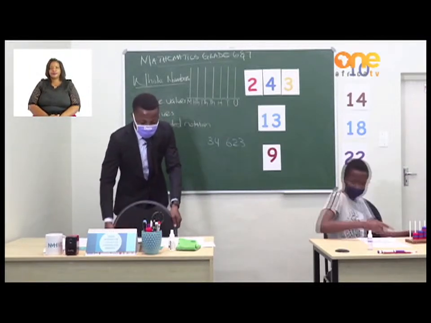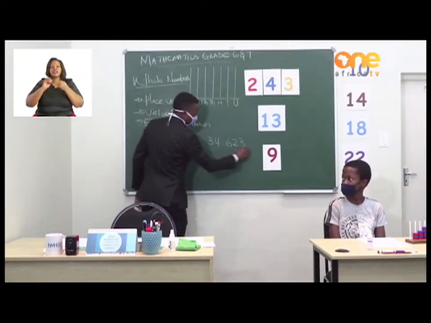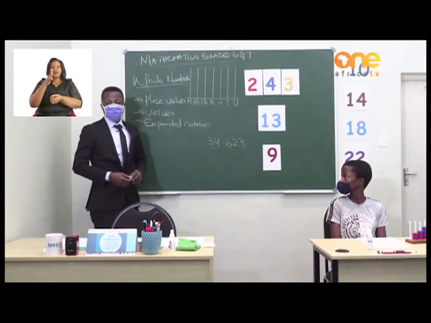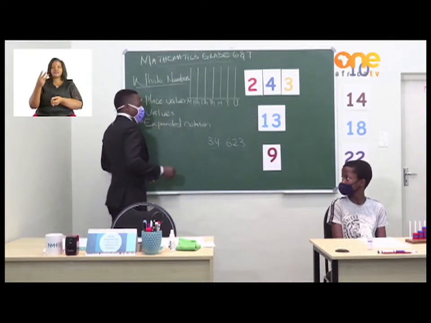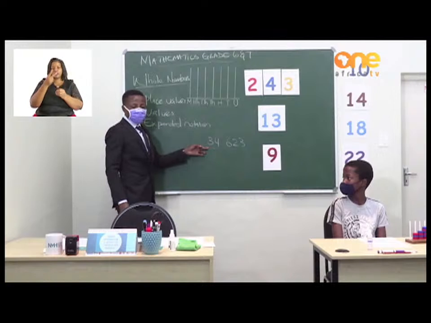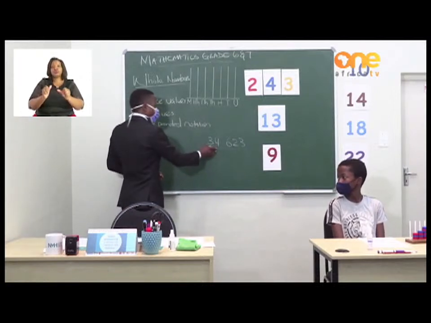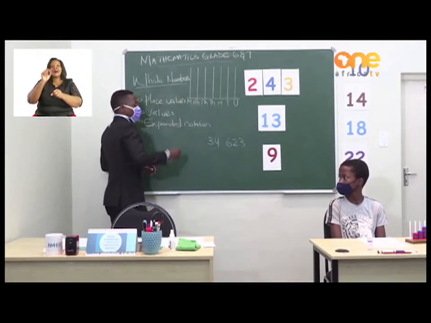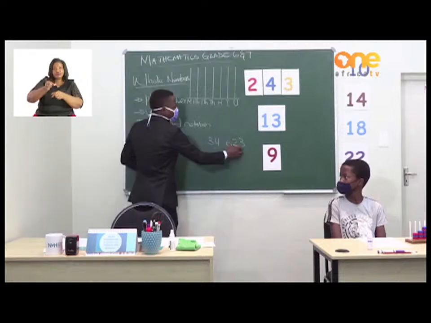Coming to the chalkboard, the number you can see here is 34,623. This is the number which appeared on that abacus we were just showing. If we are to put this number on a drawn abacus, remember you can write it this way.